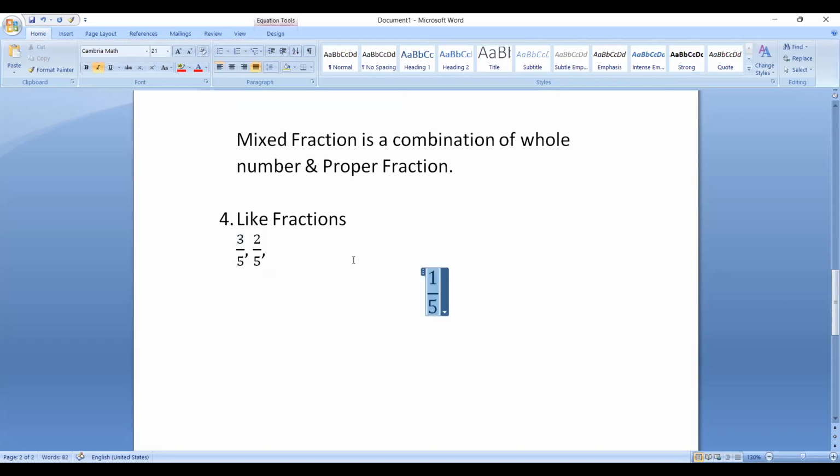You can see that 3 upon 5 and 2 upon 5 both have a common denominator 5. When fractions have a common denominator, they are called like fractions.